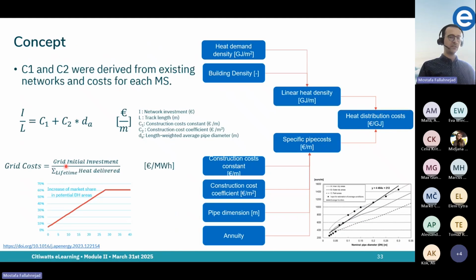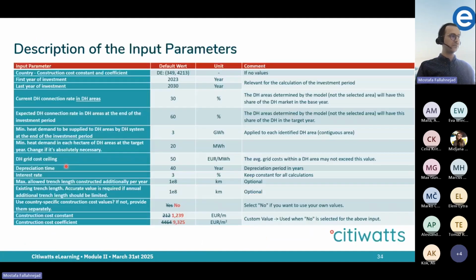The average grid cost within coherent areas is calculated and compared with this number. If it is below 50 in this case, then it's a coherent area that I will keep in the result. If it is above that, then it is not a coherent area and it should be refined further.